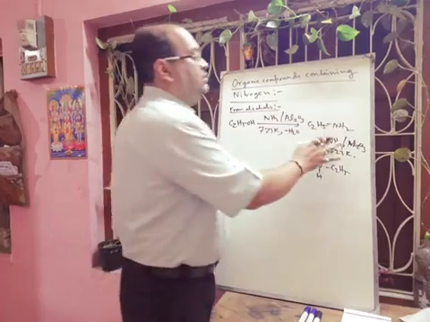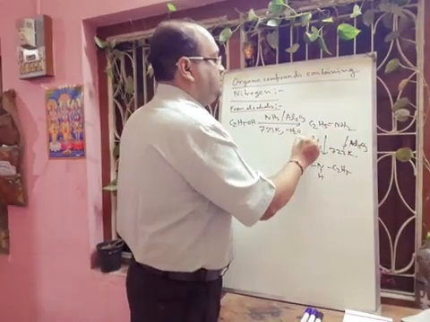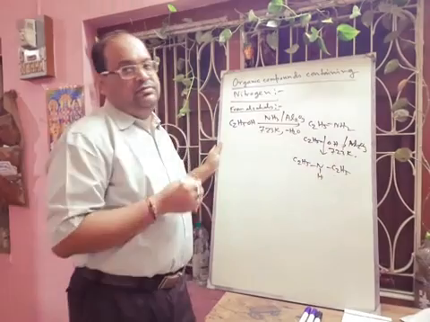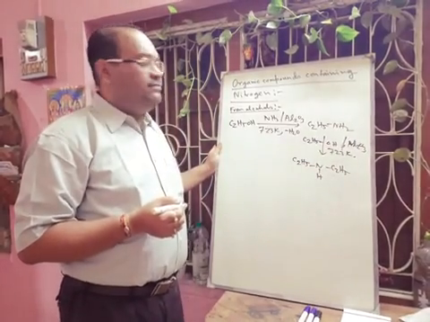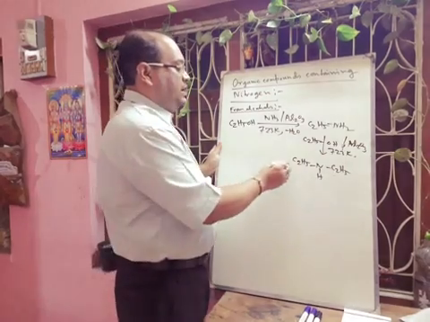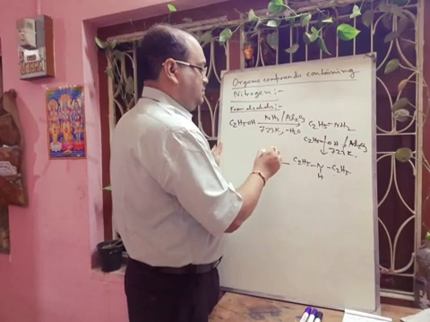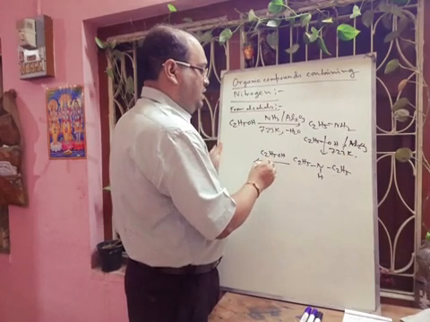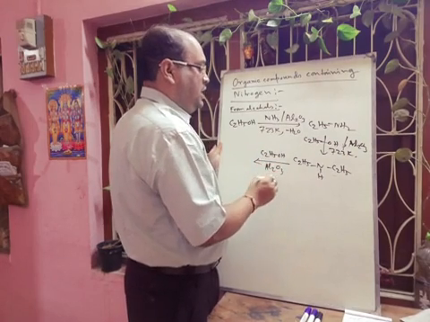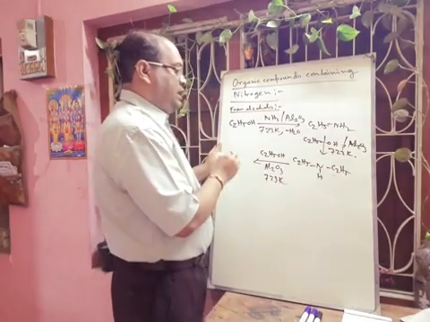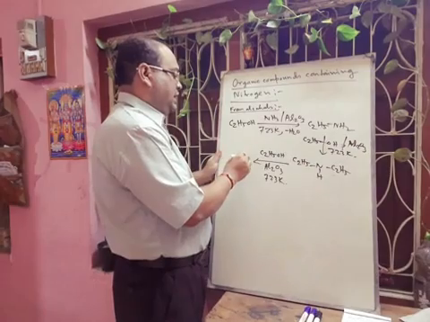Amine is there, but you have to use alcohol, C2H5OH. Then you will get this one. And in the next step, you have to give again C2H5OH and Al2O3, and apply heat around 723 Kelvin. Then you will get triethylamine.